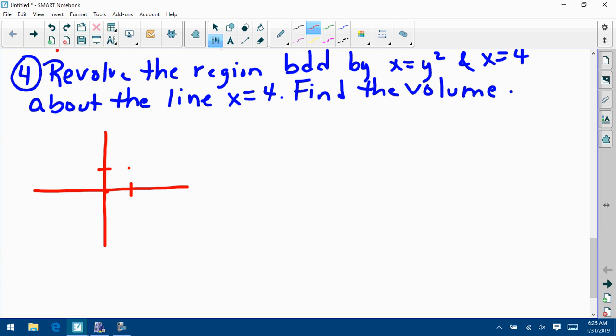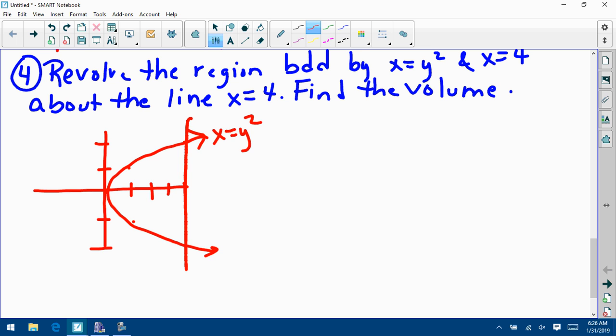If I plug in -1 for y, I also get 1 for x. If I plug in 2 for y, I'm going to get 4 for x. So that means it's actually 4, 2 that's on the graph. And if I plug in -2 for y, I also get 4 for x. So 4, -2. There's a better picture. That's x equals y squared. And x equals 4. So that would be this line right here. So there's the region.